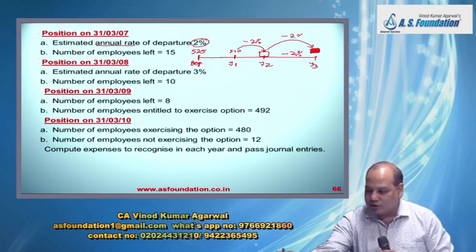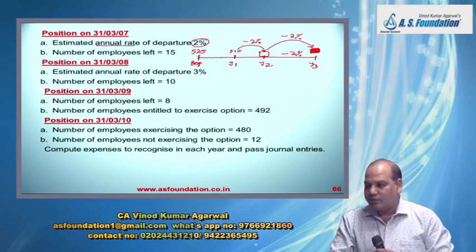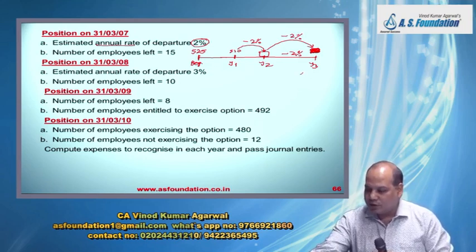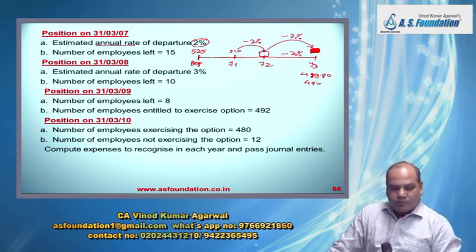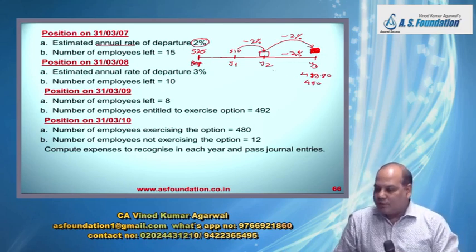So how much is that estimated number of employees? Something like 490 point something. 489.80. So you can say 490 approximately, no problem. So in my first year, I expected that 490 employees would fulfill the 3 year service condition.